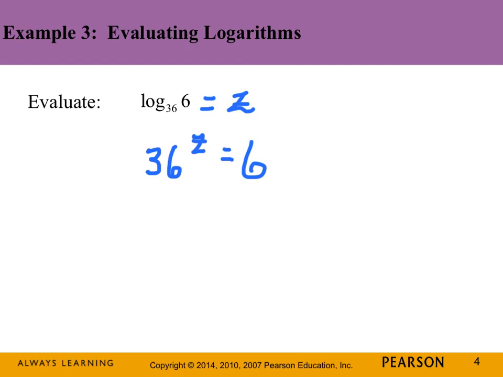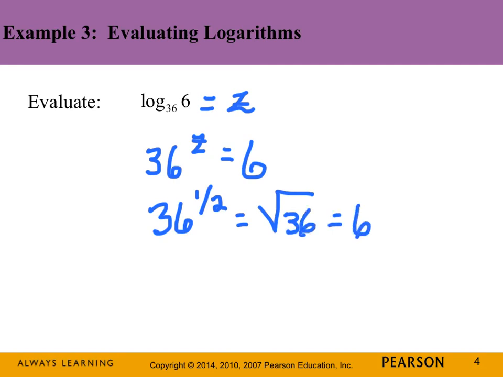That's it. How do you write the square root as an exponent? It's going to be the 1/2 power. 36 to the 1/2 power is the same thing as the square root of 36, which is 6. So in this instance, log base 36 of 6 equals 1/2.